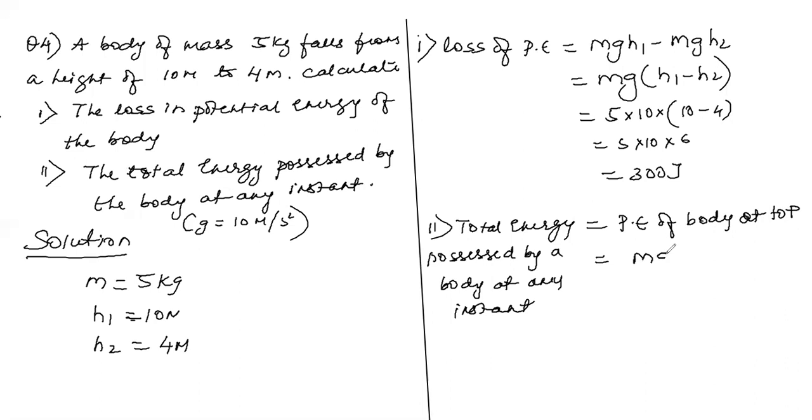What is that? mgh1. So m is 5, g is 10, and h1 is 10. So it was 500 joules. At maximum height, the maximum energy possessed by it is 500 joules, okay, children? I hope everybody has understood it.